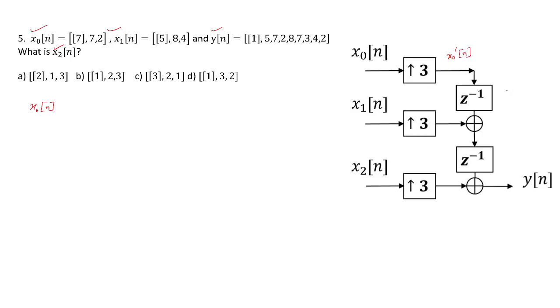It passes through a delay block, we obtain x0 dash of n minus 1. It becomes x1 dash of n after passing through the upsampler. So we obtain a summation here, x0 dash n minus 1 plus x1 dash of n, which after passing through another delay block becomes x0 dash n minus 2 plus x1 dash n minus 1.